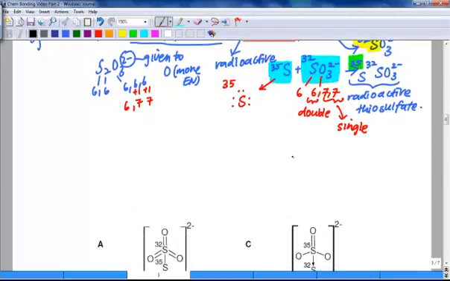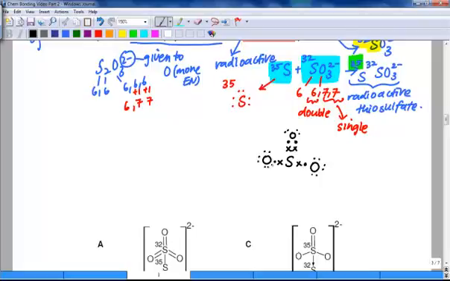So let's put sulfur as the central atom because it is less electronegative. So double bond with oxygen. So I should draw something like this. And the oxygen is left with 2 more lone pairs. Okay, and for the single bonds, of course, single bond with 1 oxygen and 1, 2, 3, 4, 5, 6 with another oxygen, I will have 6 electrons left over.